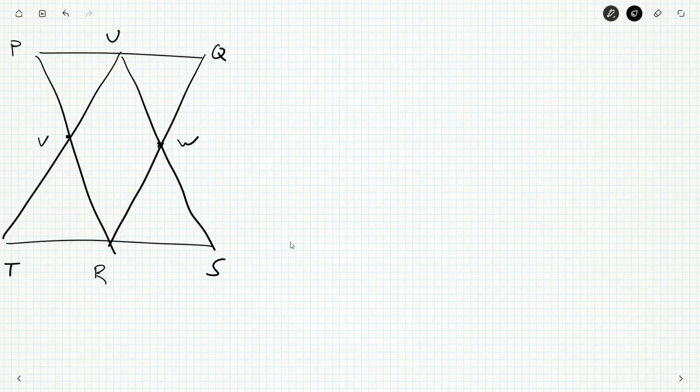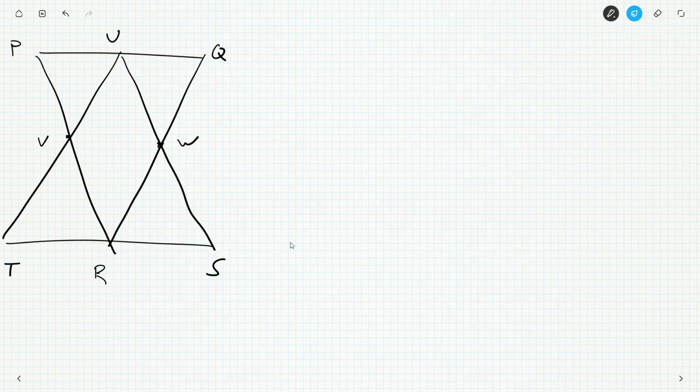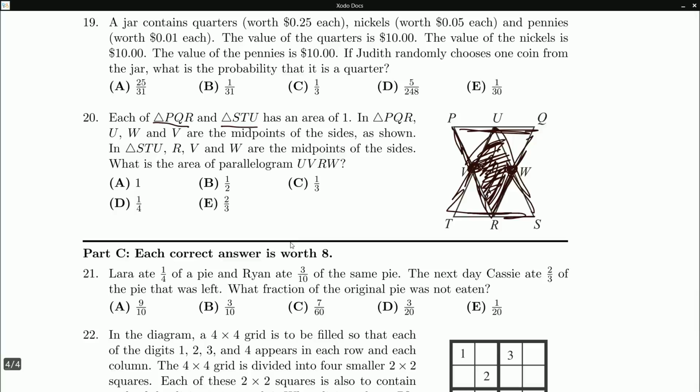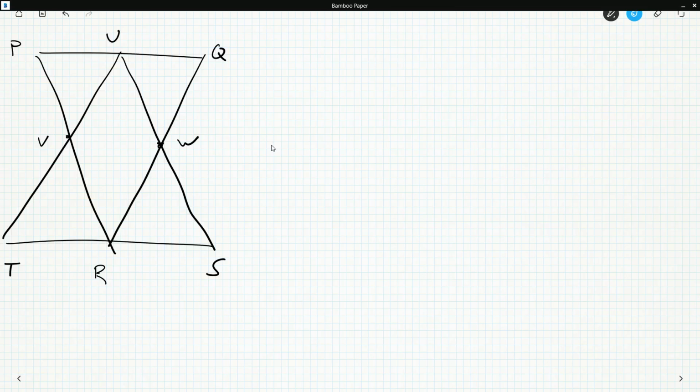So, I know that both of these triangles have an area of 1. One thing I might do is drop perpendiculars. They're both going to have the same height, I would say. We don't know anything about these triangles in that they're isosceles or anything like that, do we? No, we do not.